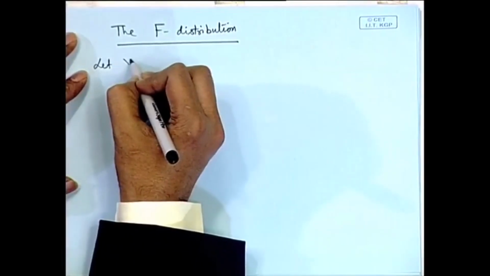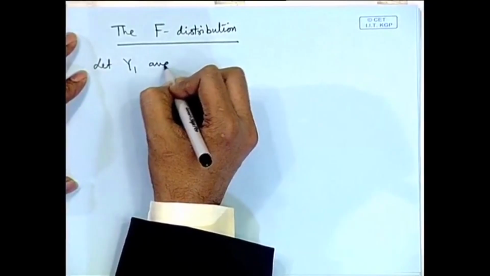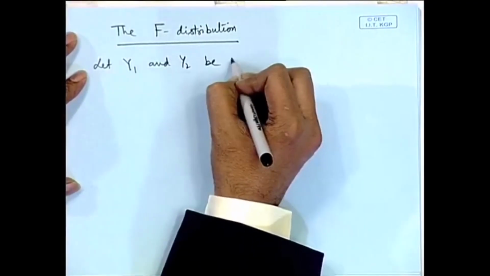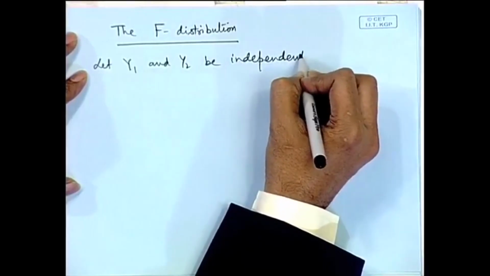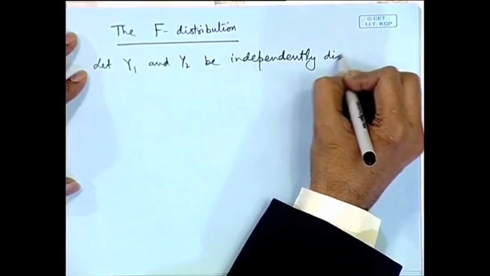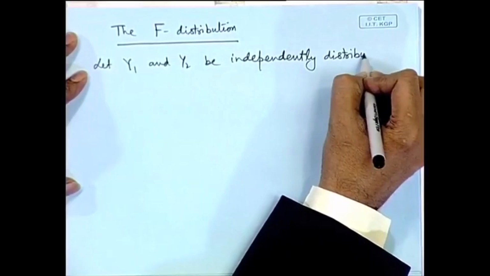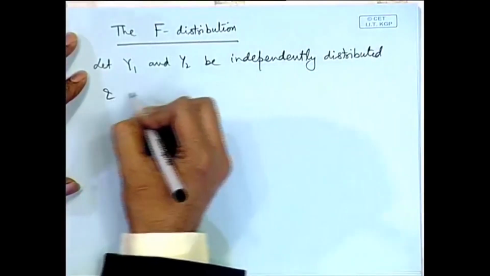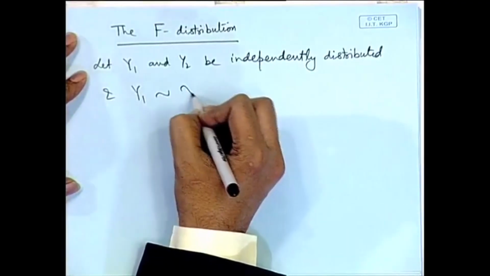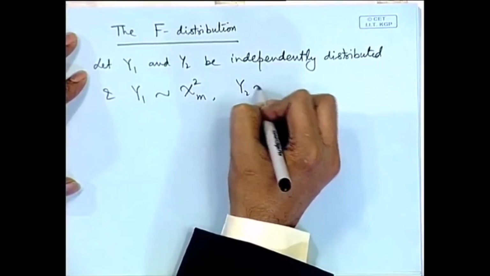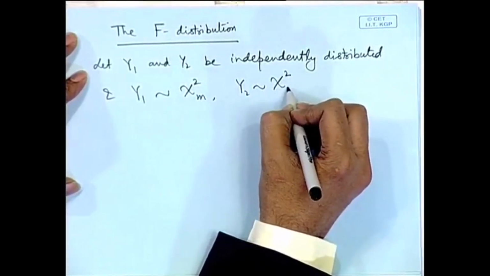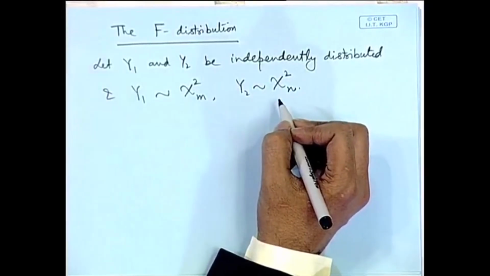Let y1 and y2 be independently distributed random variables, and y1 follows, say, a chi-square distribution on m degrees of freedom and y2 follows, say, a chi-square distribution on n degrees of freedom.